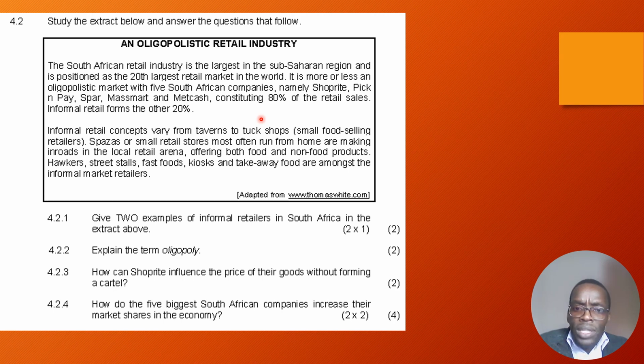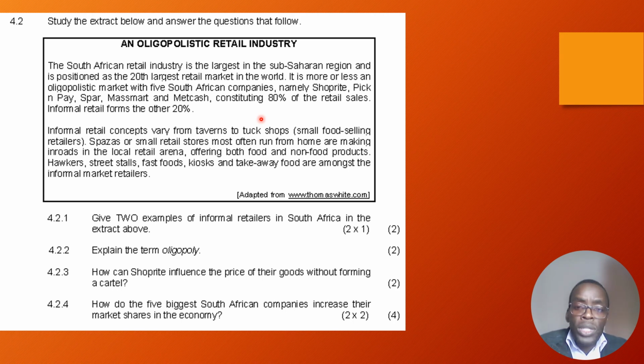These companies are Shoprite, Pick n Pay, Spar, Massmart, and Metcash. These are the ones controlling almost 80% of the retail sales market, and the other 20% is controlled by the informal sector.